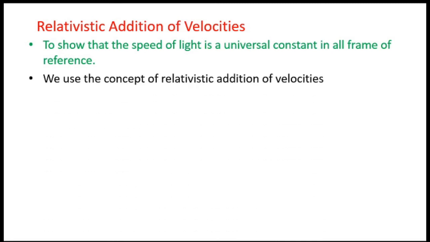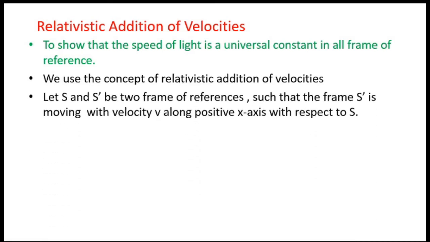So here we are going to use the concept of relativistic addition of velocities. As usual, consider two frames of reference S and S dash, where S dash is moving with a constant velocity v with respect to the frame S along the positive x-axis direction.